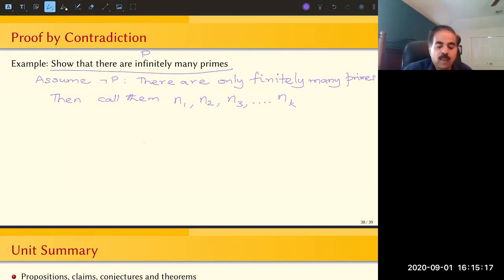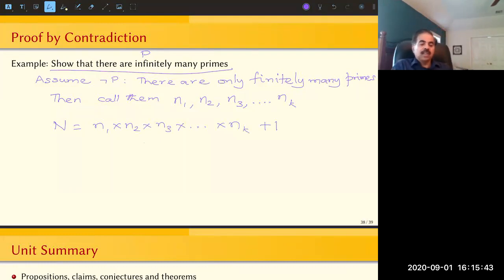We'll call them n1, n2, n3, up to nk. Now what we are going to do is construct this number n equals the product of all these primes, and then add 1 to it.